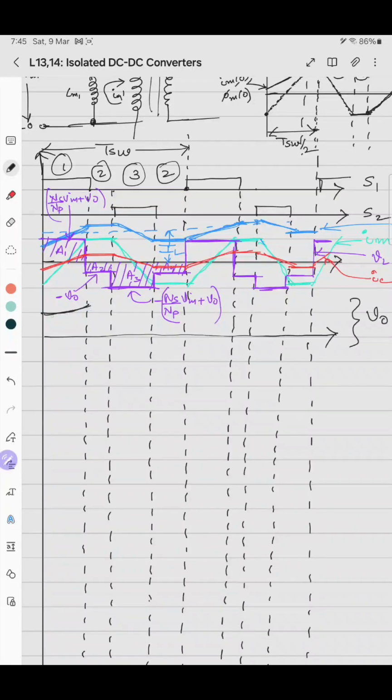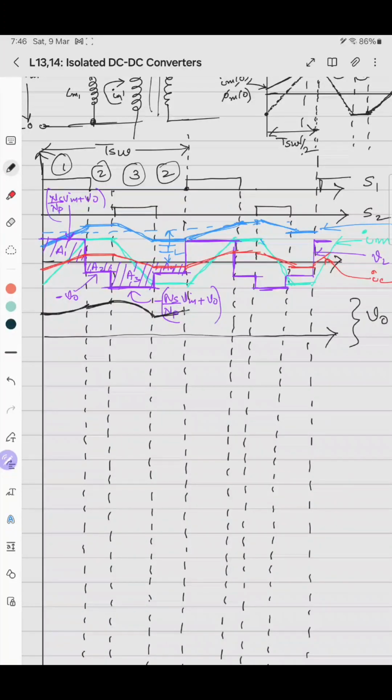Then integrating a constant term will give a linear term, a straight line like this. Then as the line is falling, the slope is negative, so it will be a falling polynomial like this. Then again it will be a constant term, it will rise like this.